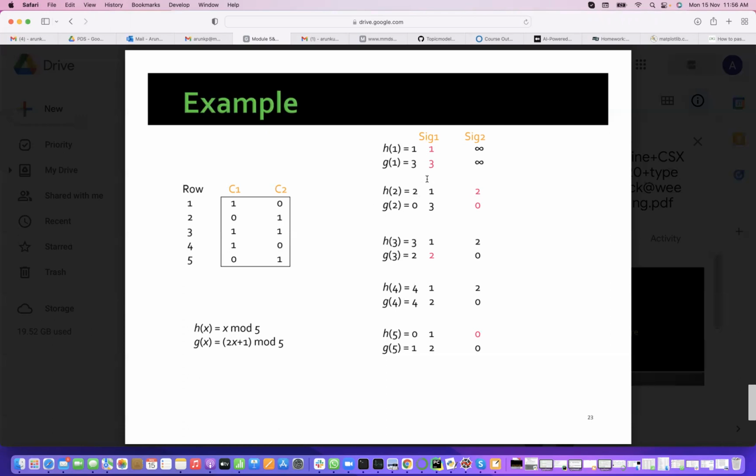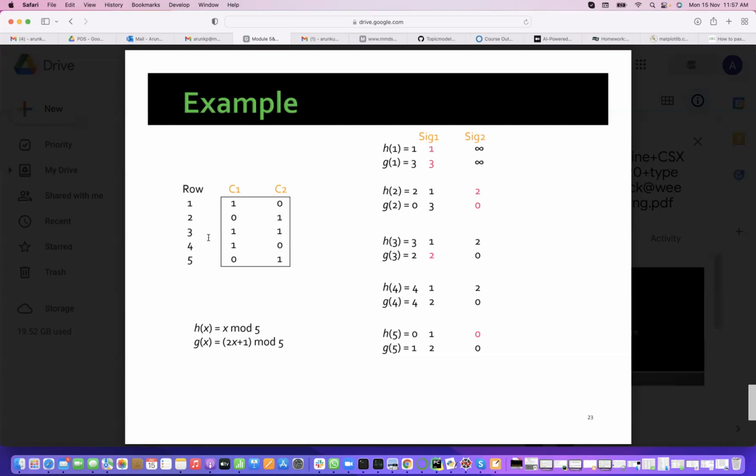No. So we will not update that. G2 will remain 3 only. And is column 2 having 1? Yes. In permuted order, which row is that? 0. So 0 is less than infinity. Yes, we will replace that.